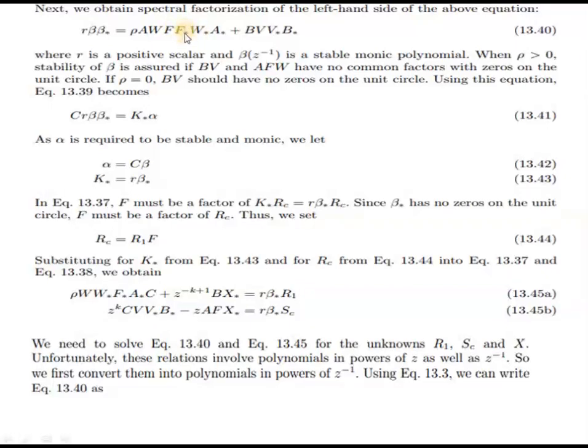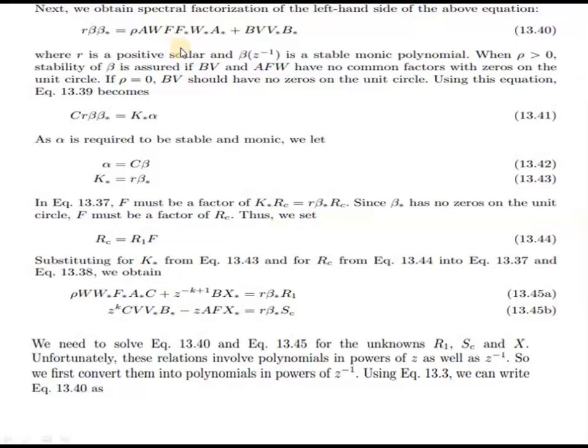Now F star becomes F_R into z raised to d_F, and W star becomes W_R into z raised to d_W. At the same time A star becomes A_R into z raised to d_A. With this, likewise, V star equals V_R into z raised to d_V, and B star becomes B_R into z raised to d_B.